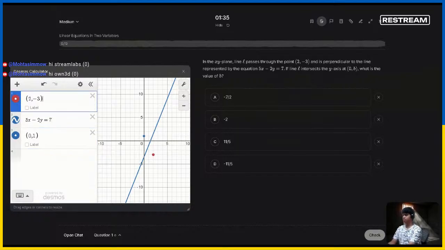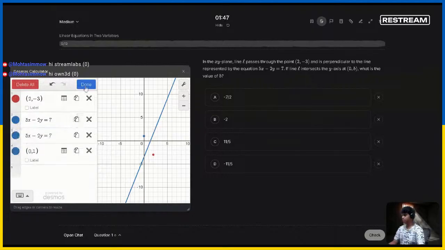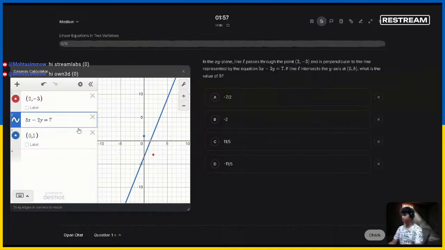But it does go through this point. Oh, it's perpendicular. Okay, so to get a perpendicular line, we take the slope of this line. We turn this into y = mx + b.